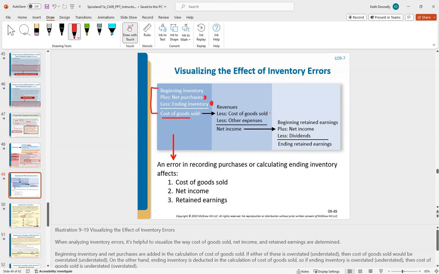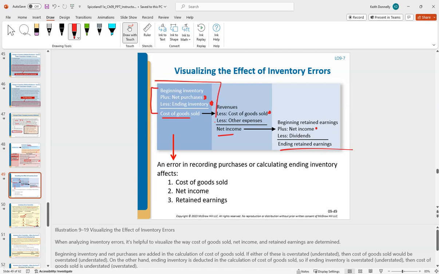If it screws up your cost of goods sold, it's going to screw up your net income. If your net income is screwed up, it's going to screw up your retained earnings, right? It ripples through all the financial statements, like a domino effect. So that's the setup.